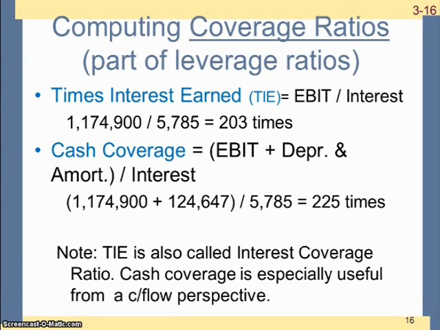A ratio higher than 1 is better. A ratio lower than 1 typically shows the firm is going to go bankrupt soon. This cash coverage of 225 times shows that the firm has enough funds of 225 ringgit to pay for interest expense of 1 ringgit.